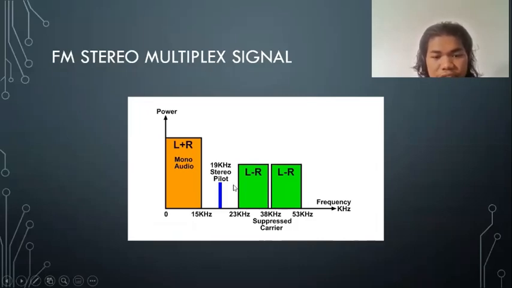So if this is present between 15 kilohertz and 23 kilohertz, the suppressed carrier can be controlled by the stereo pilot or the pilot tone. This can be demodulated, the difference information, and combined with the mono sum signal to recover the original L and R signals.